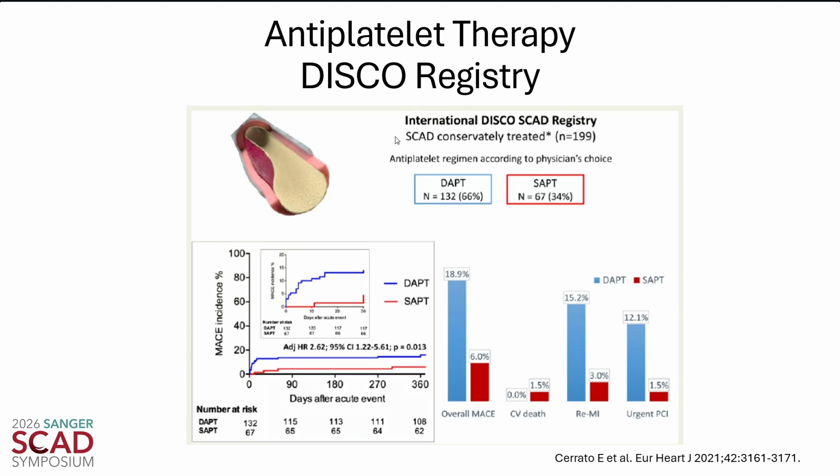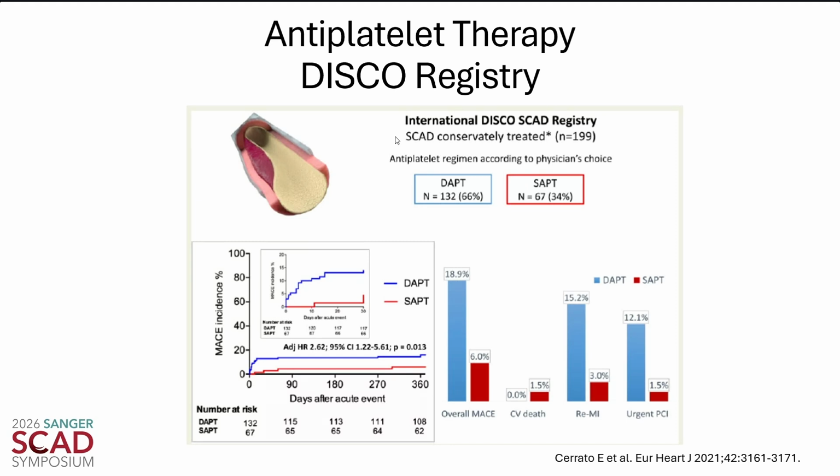That was decided based upon the physician's choice. So again, that should introduce bias there. Roughly 2/3 had dual antiplatelet therapy. That's going to be shown here in blue, and roughly 1/3 had the single antiplatelet therapy or aspirin 81 milligrams.